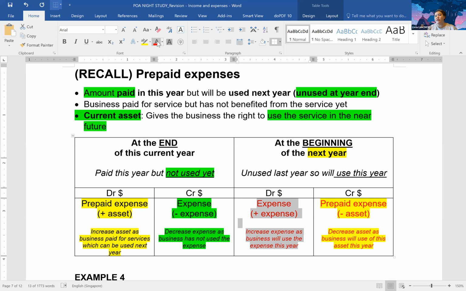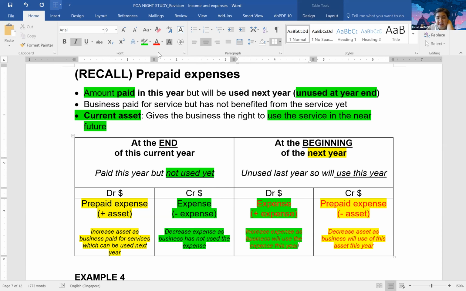Therefore, I have to increase my expenses. I will record a plus expense, because the business will use up this $50 expense this year.